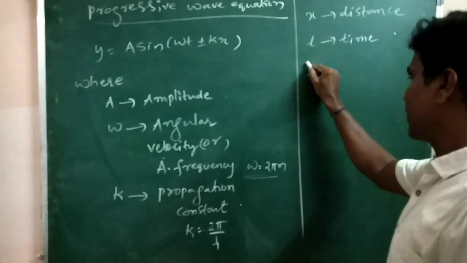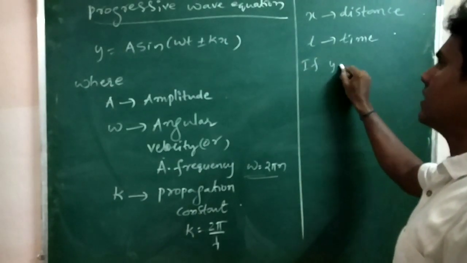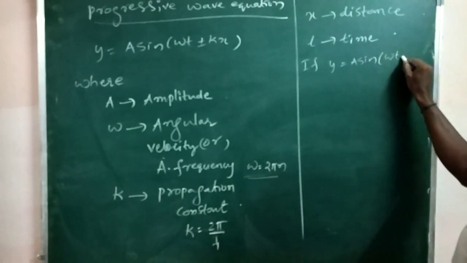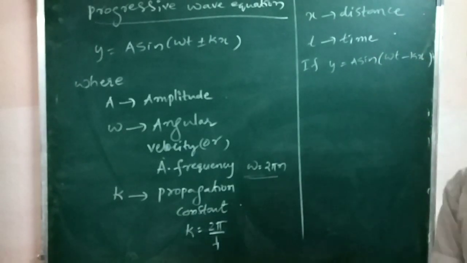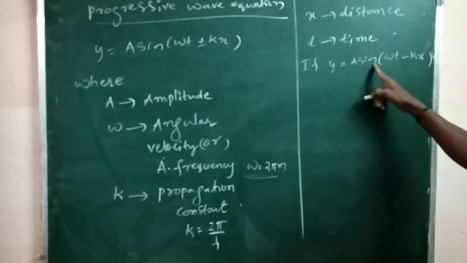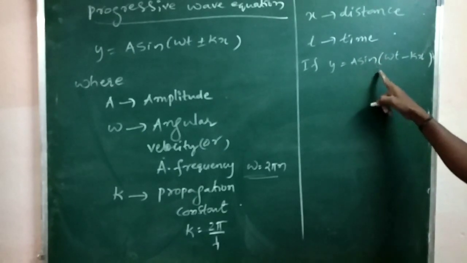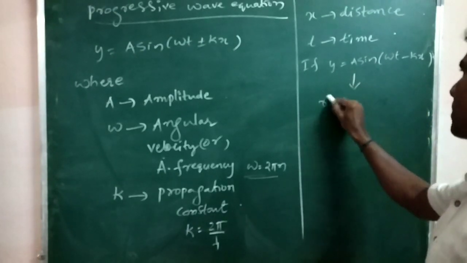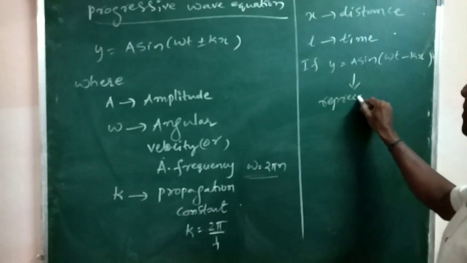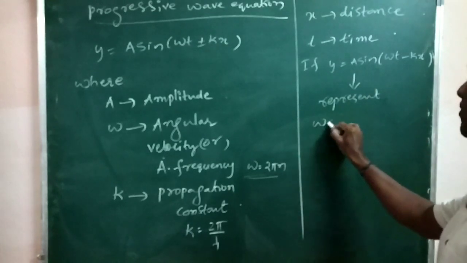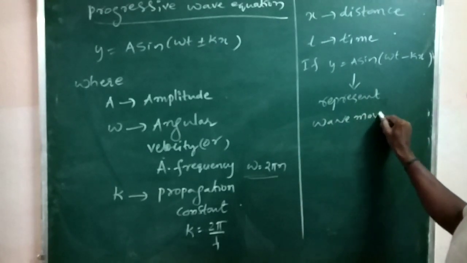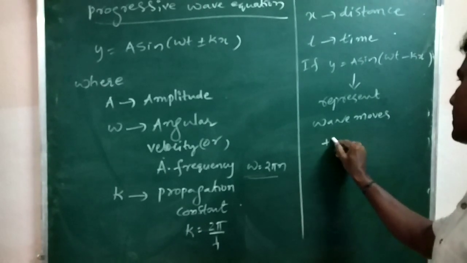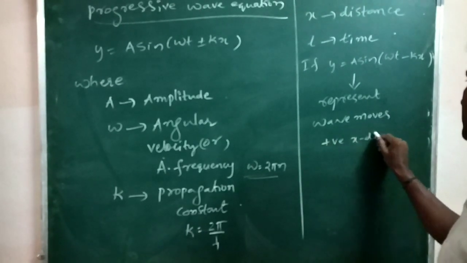Here, if y is equal to a sine omega t minus kx, this equation represents the wave moving in the forward direction. It represents a wave that moves in the positive x direction.